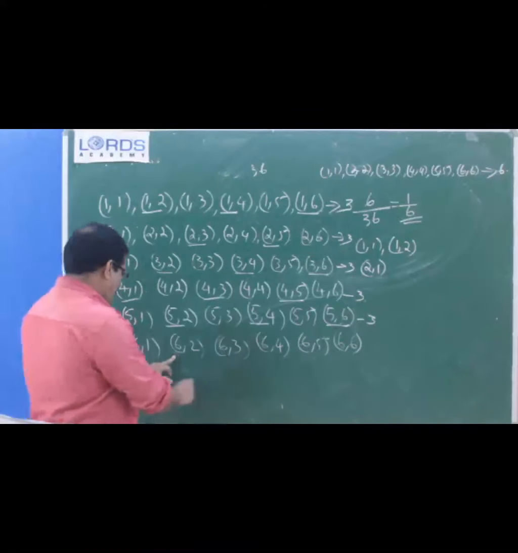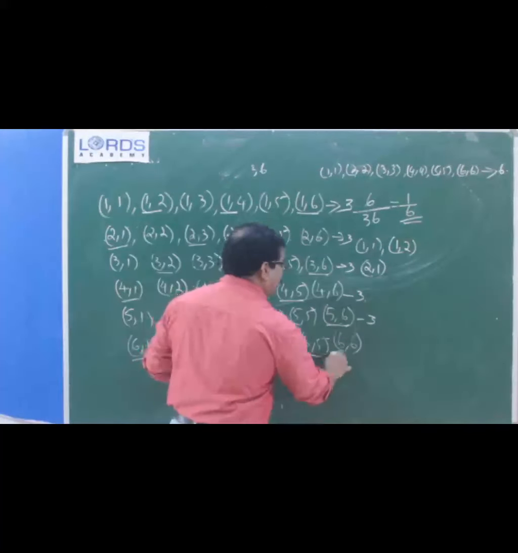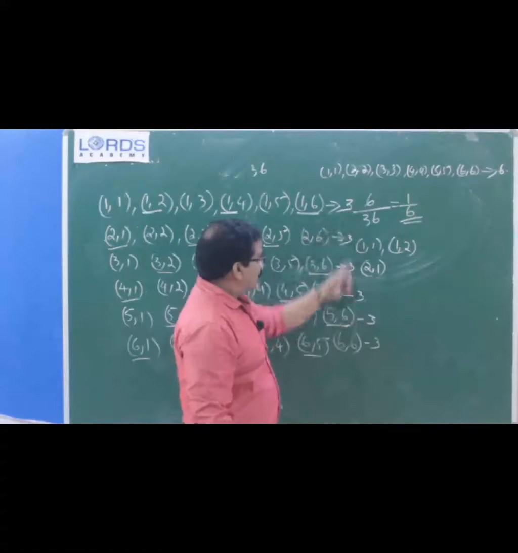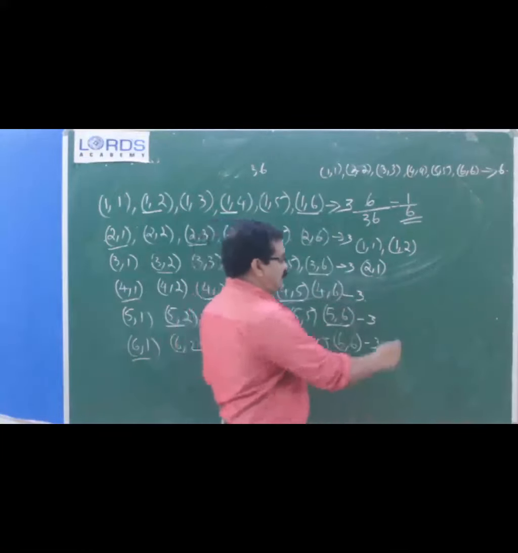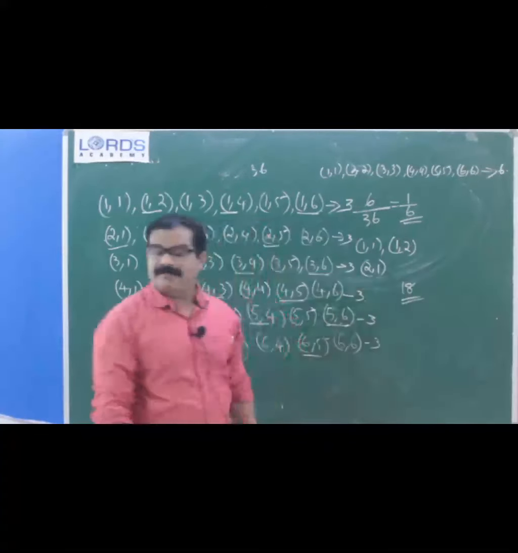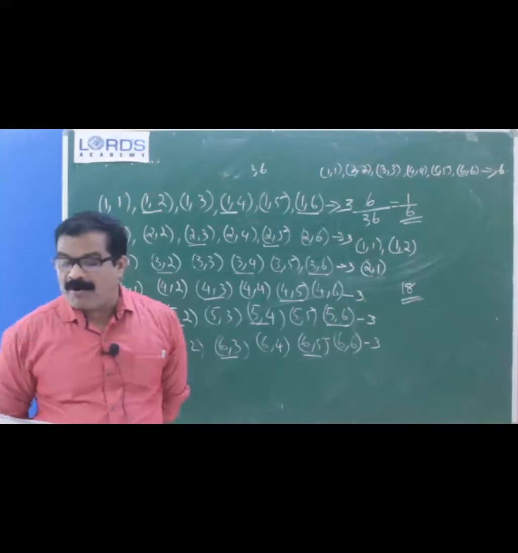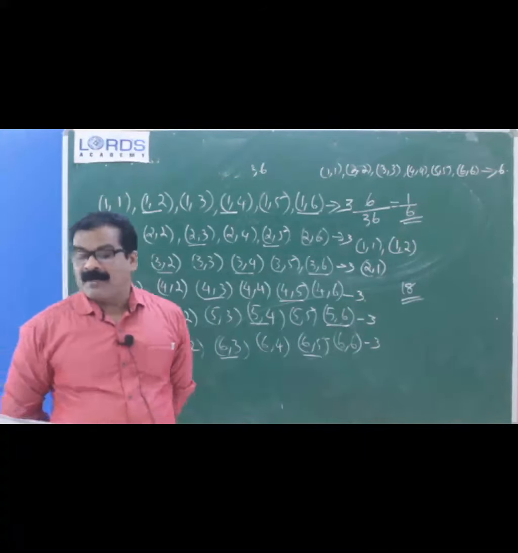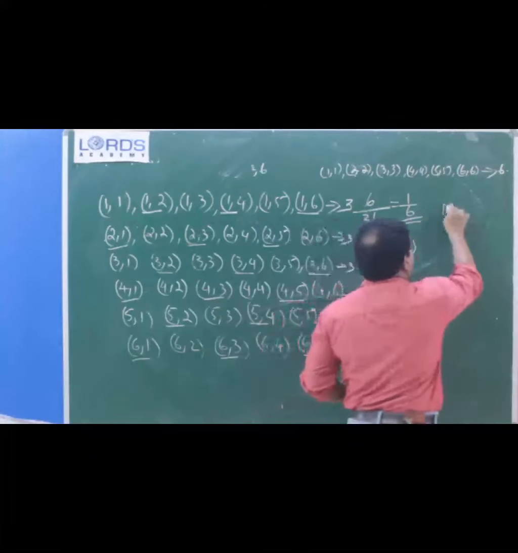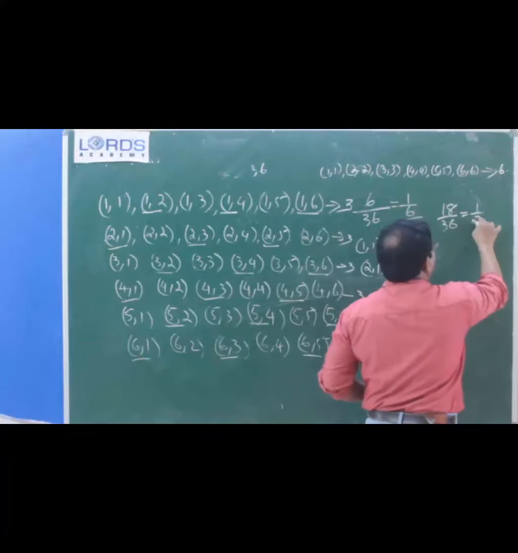Here you can see 6 plus 1, 6 plus 3, 6 plus 5, 3. Then you will get 3 into 6, 18. Number of favorable cases you will get is 18. Then what will be the probability of getting an odd number as a sum? 18 by 36, you will get 1 by 2.